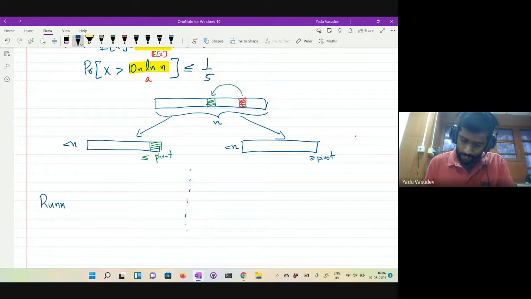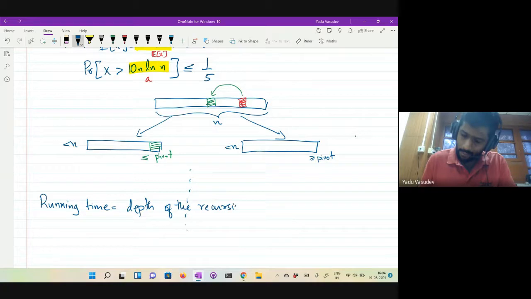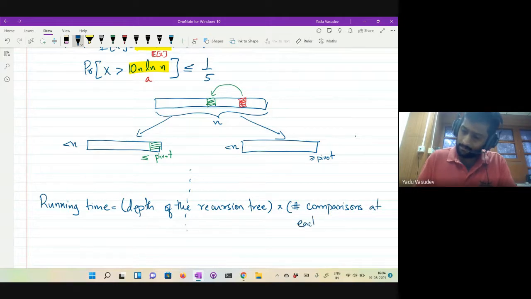The running time is the depth of the recursion tree times the number of comparisons at each level of the recursion tree.